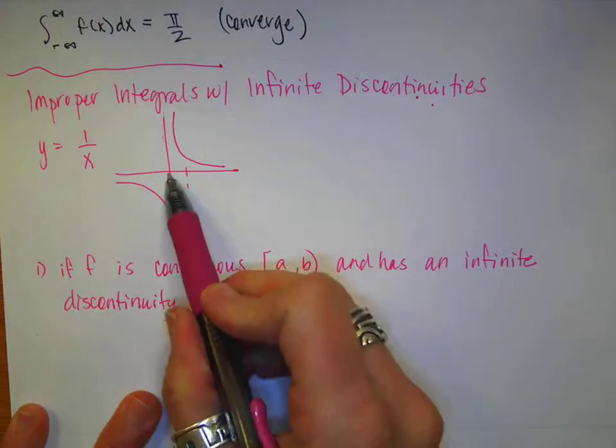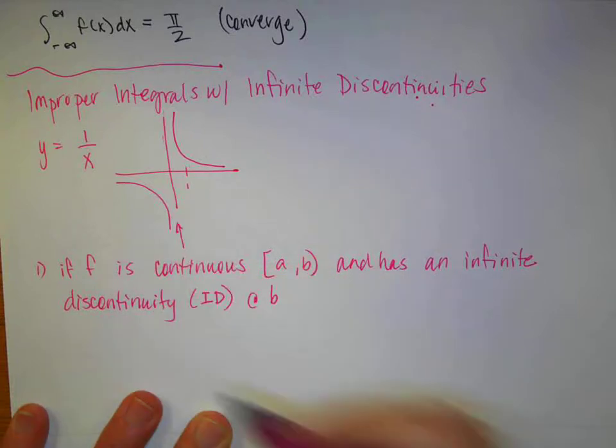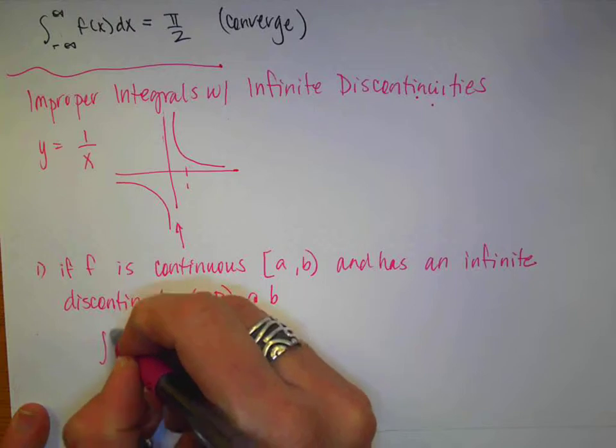So I have an infinite discontinuity at b. For example, in this graph up here, I have an infinite discontinuity at x is equal to 0.